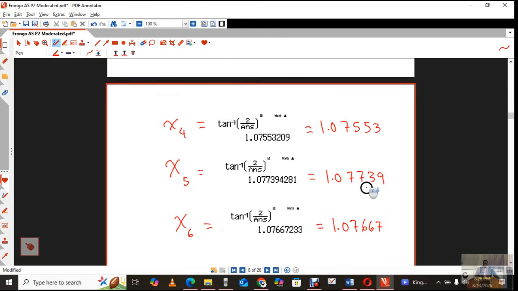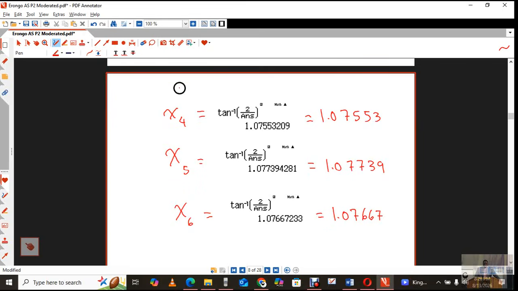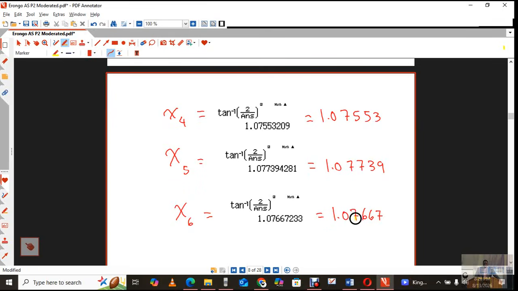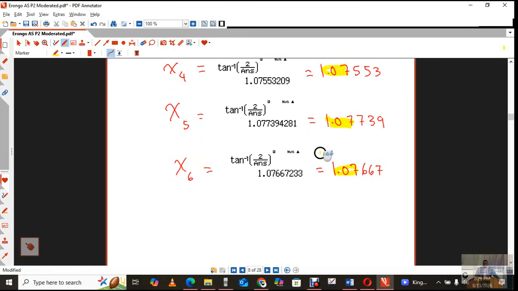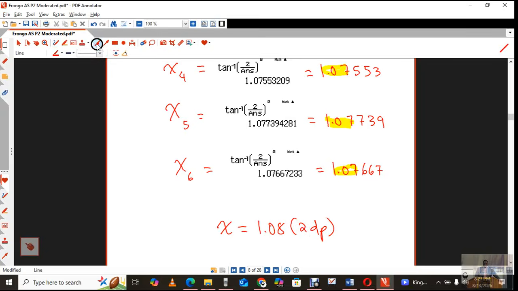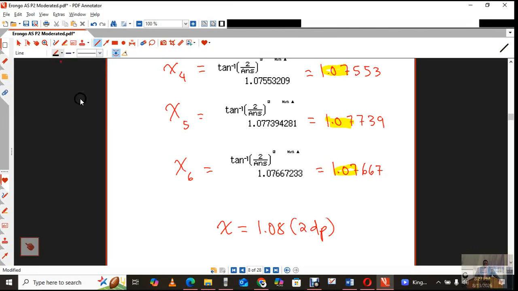This is all converging to a number, and that number to two decimal places. Can you see that? We have made quite enough iterations here to then conclude that the root x will equal 1.08 to 2 dp. That is enough iterations for us to make that conclusion.